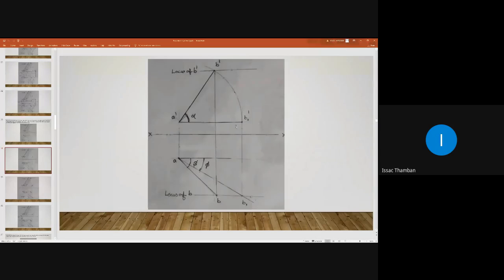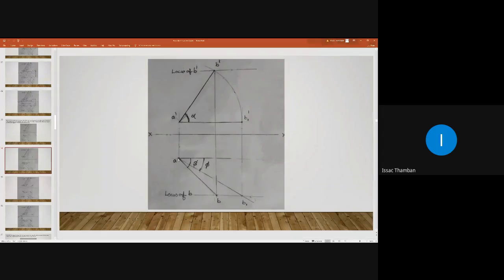Here, what is the specialty of line A dash B1 dash or line AB1? It is a line which is parallel to SP and inclined to VP. If a line is parallel to SP and inclined to VP, then in the plan it should reveal its true length and true inclination.